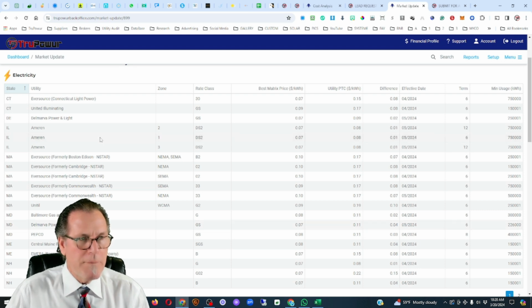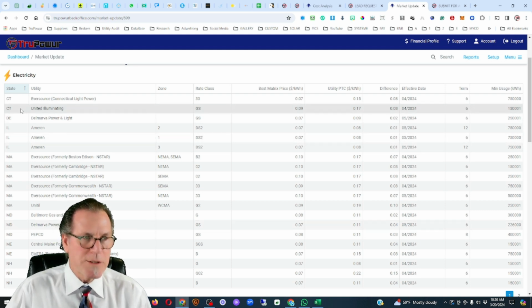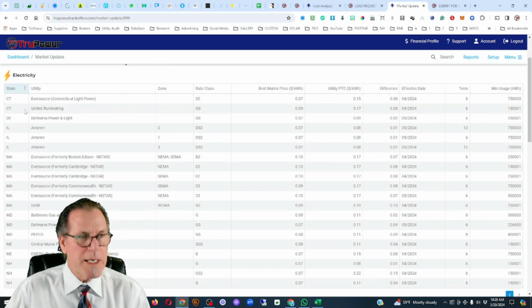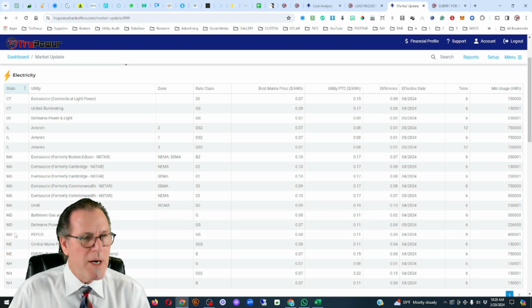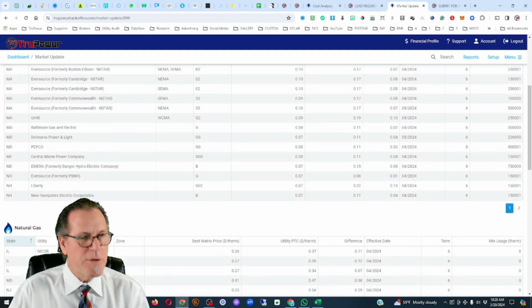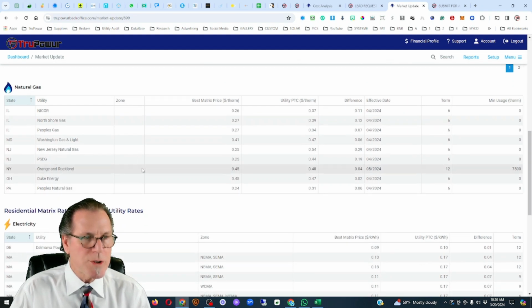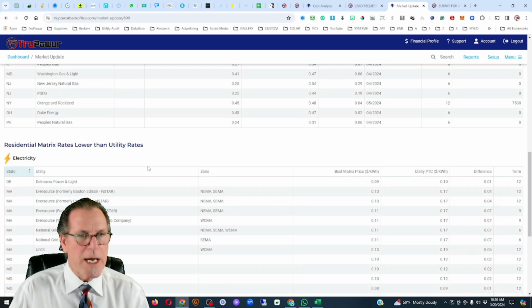At the time of this call, the best places to focus for commercial electricity are Connecticut, Delaware, Illinois, Massachusetts, Maryland, Maine, and New Hampshire. And then, of course, if we're talking to customers about commercial natural gas, and then residential electric and natural gas are below that.